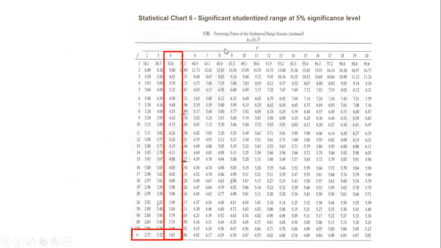Okay, we must make sure that it is the studentized chart where we have 4 samples, right? So for 4 samples, and since this is a ranking test, straight away go to infinity. Go to infinity. So we will get 3.63.